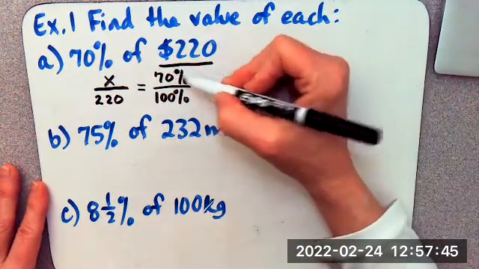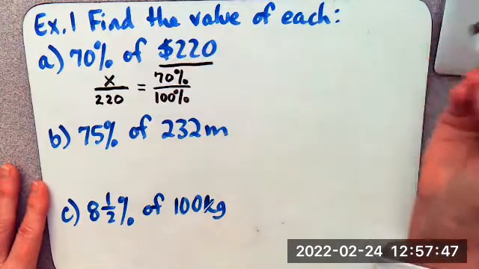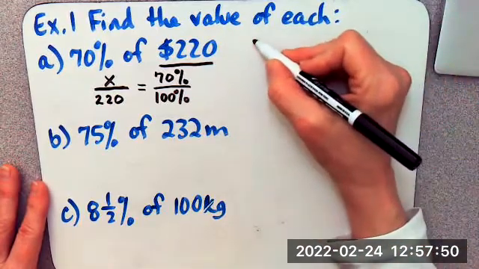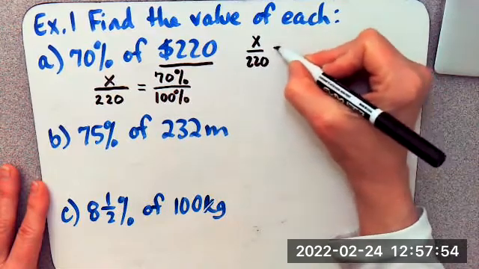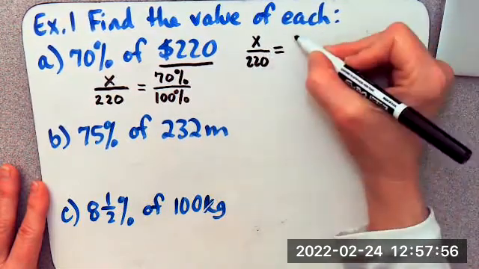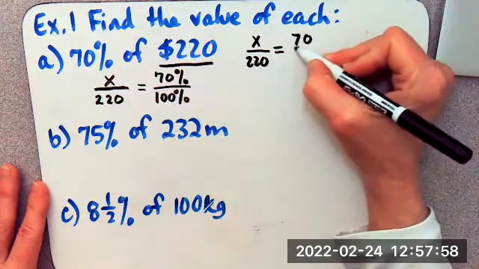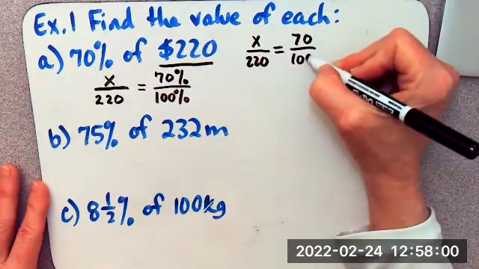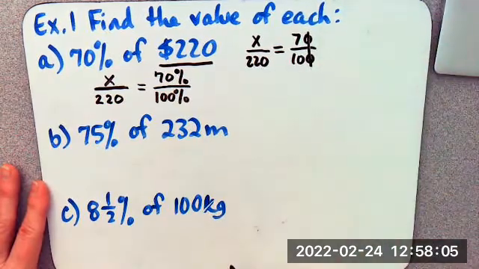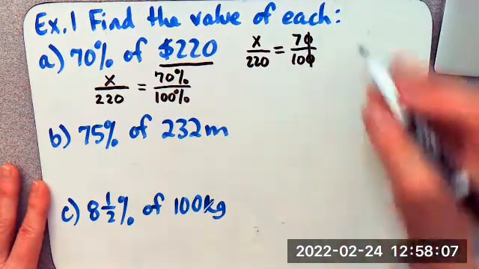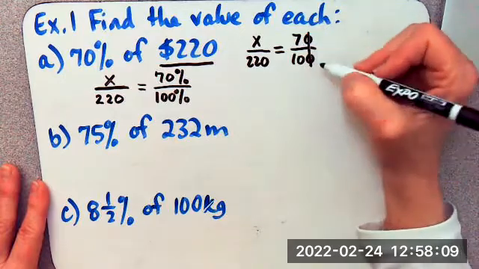So percents are going to cancel. So we can rewrite this as X over 220. And since we have percent on top and bottom, we can just write 70 over 100. We can take that out because 10 over 10 is just 1.